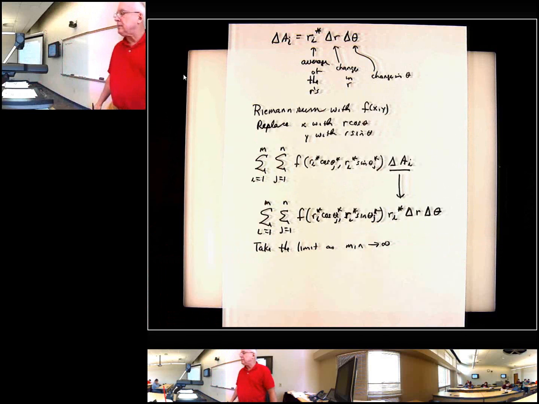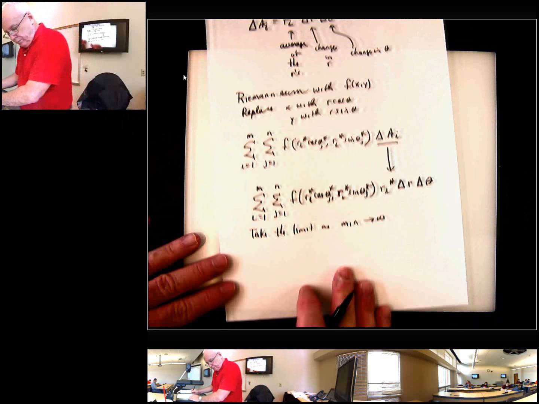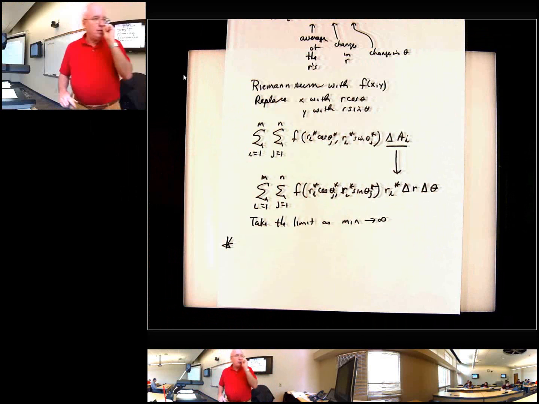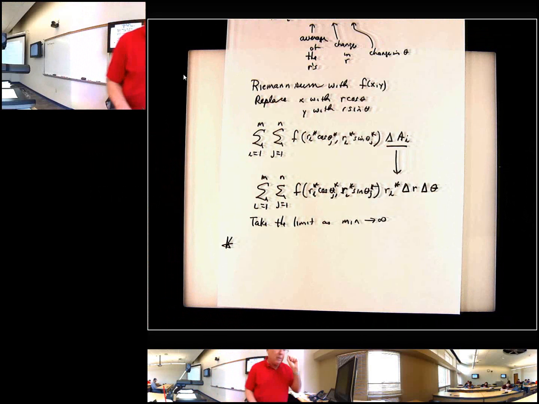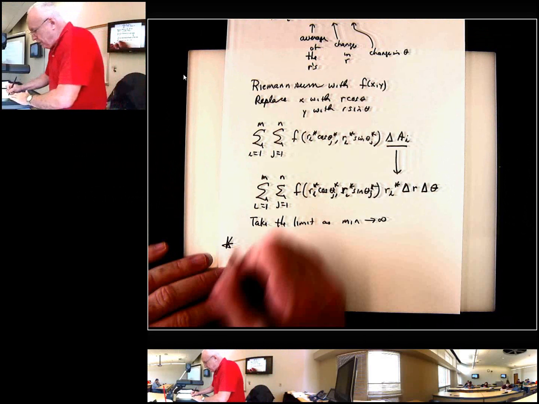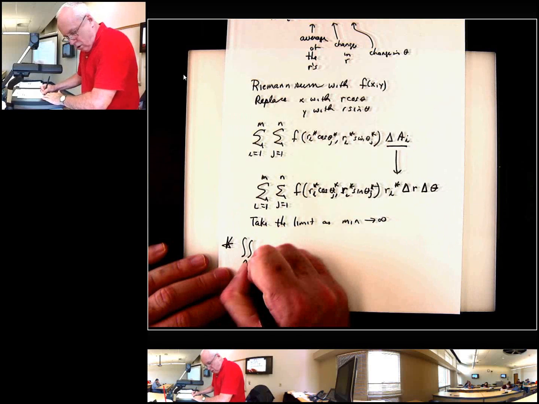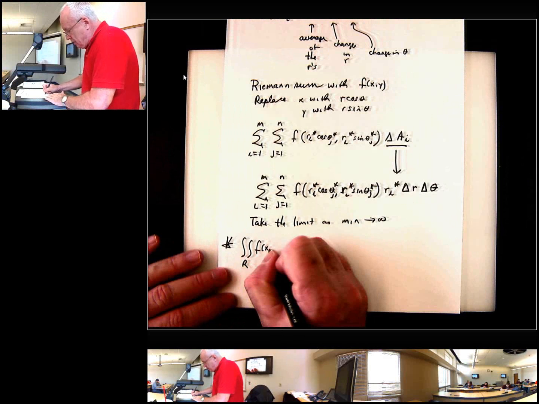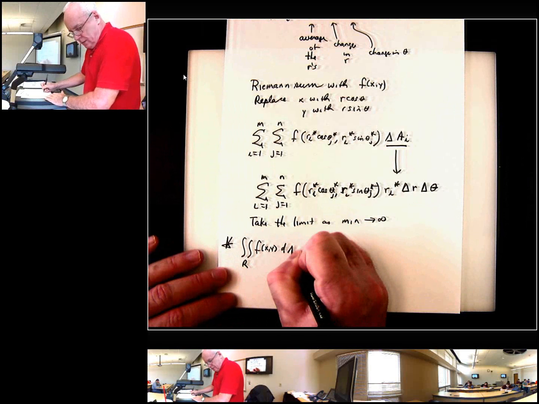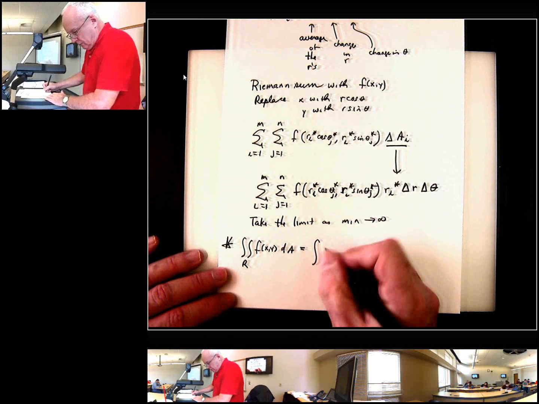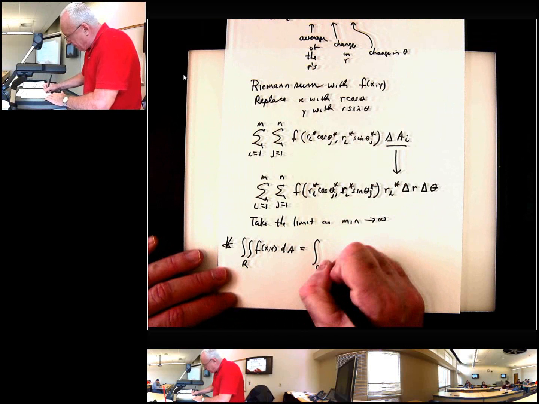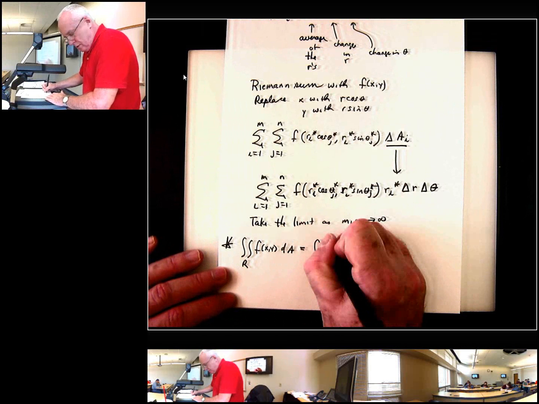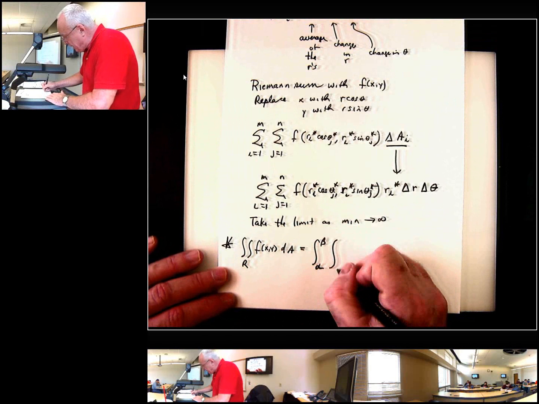And we get this. We now have the integral. So let me put an asterisk here about this integral formula that I'm going to put next. So the double integral over R of f(x, y) dA is equal to this. Theta goes from alpha to beta. r is going from a to b.